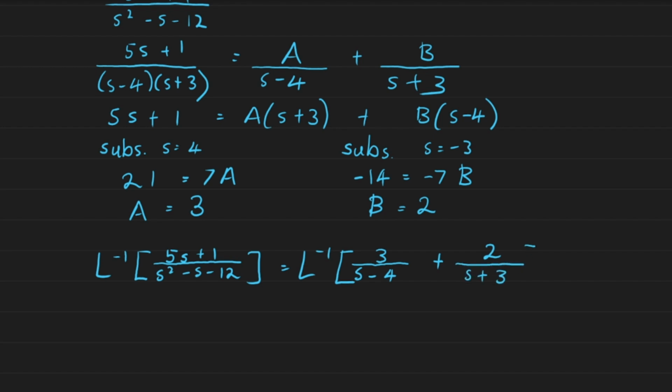We have this in a standard form. So this is equal to 3e^(4t) plus 2e^(−3t). And that's how we would do it.